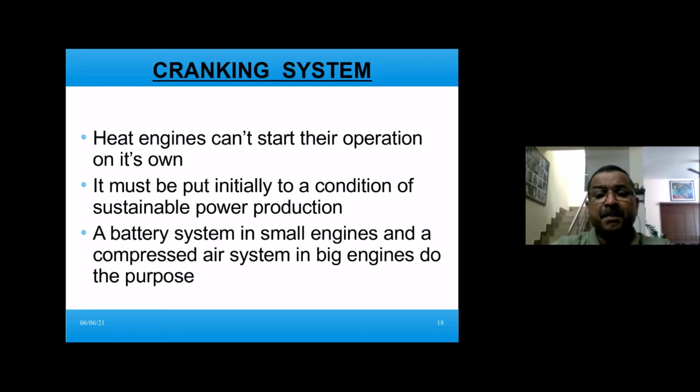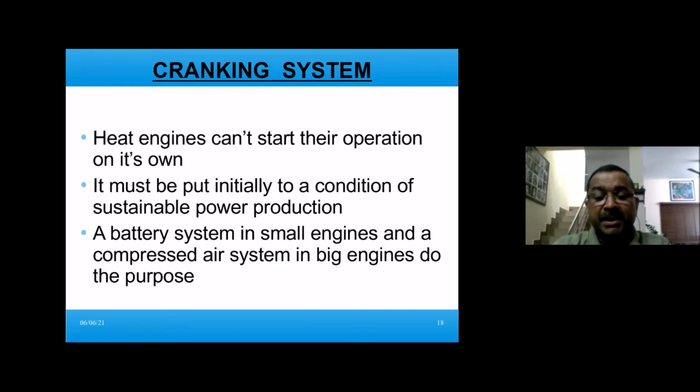It must be put into a condition in which a sustainable amount of power is being produced. You have to put the engine into that condition. That is what we call initial cranking of the engine.